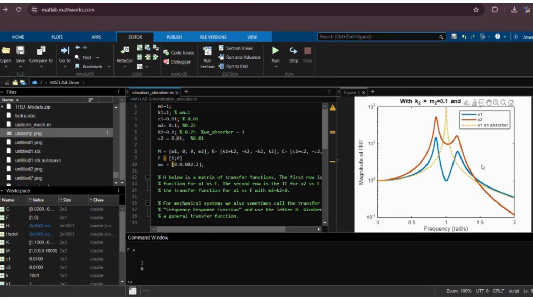And an ideal damping scenario occurs when the peaks are low, but not so low that they ruin the absorber frequency.